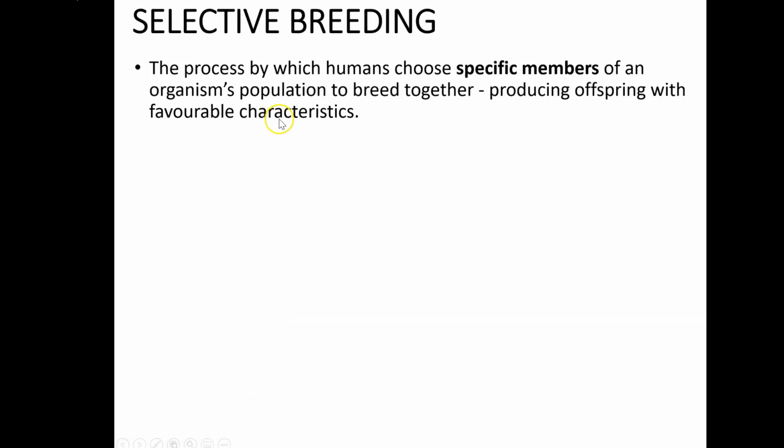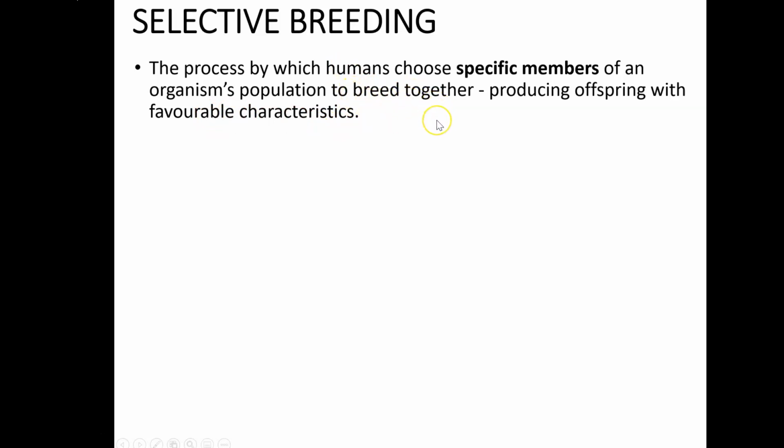Another term is selective breeding, the process by which humans are able to choose specific members of an organism's population to breed together in order to produce offspring with favorable characteristics. Humans have been doing this for hundreds of years.